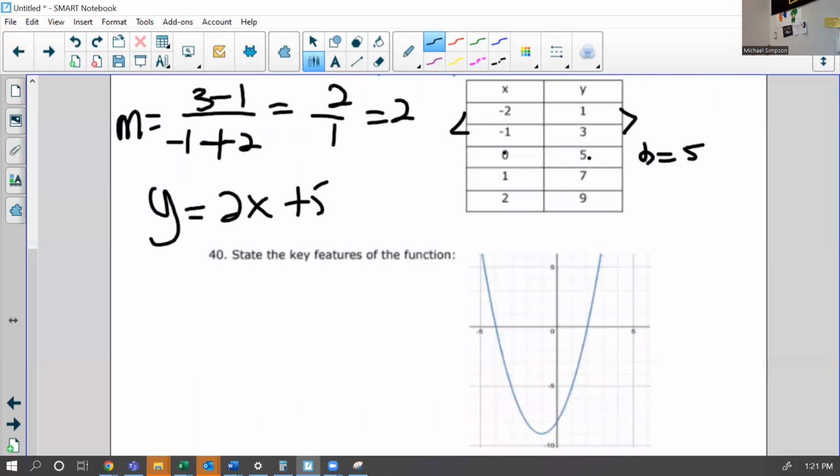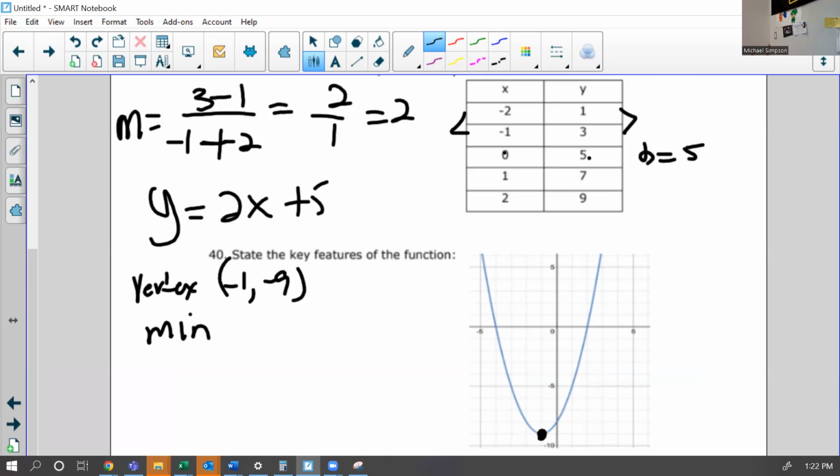Number 40, state the key features. Key features, guys, let's see. Well, the vertex is right there, and that is -1, -9. So the vertex is -1, -9. It's a minimum, right? Because the graph opens upward, so it's a minimum. The y-intercept is 0.